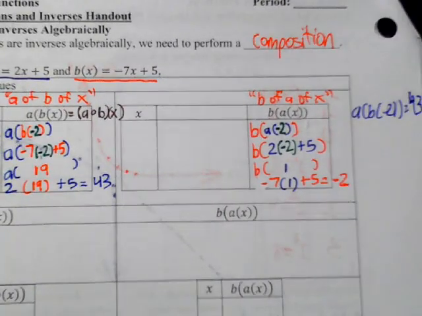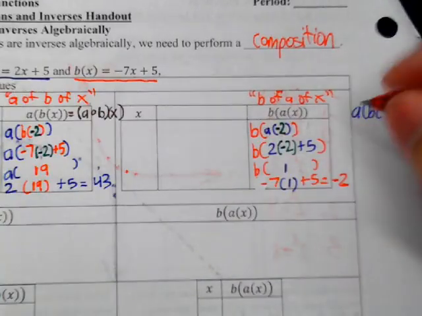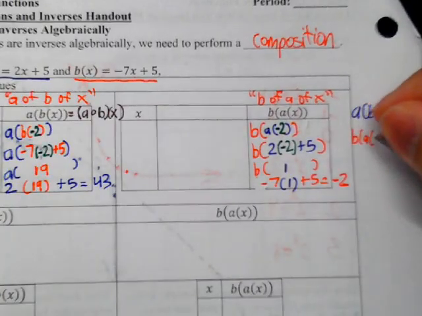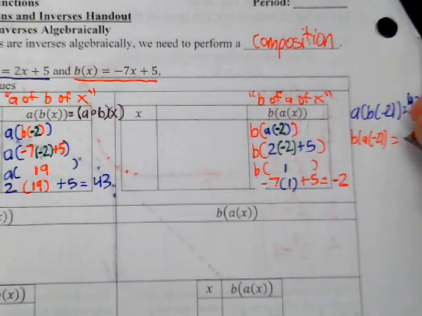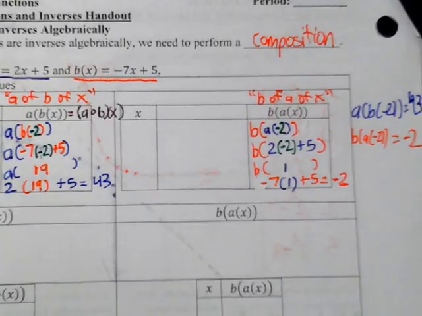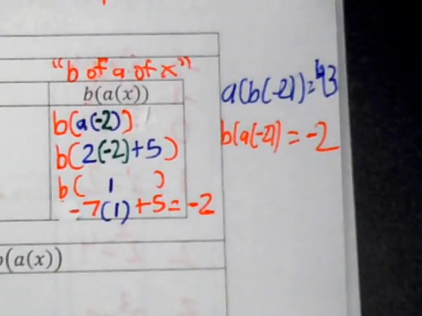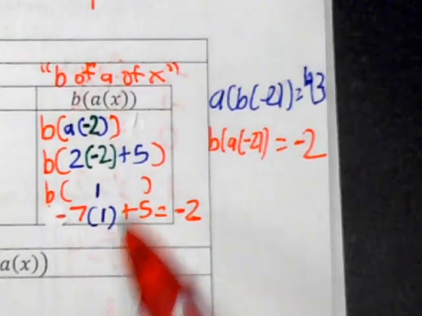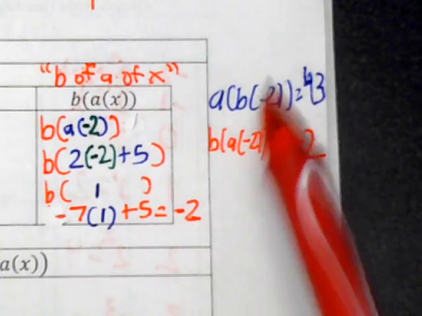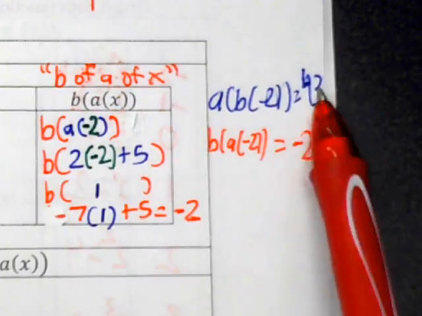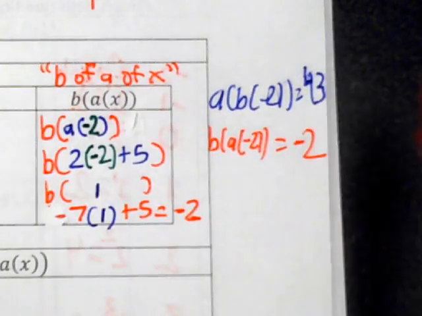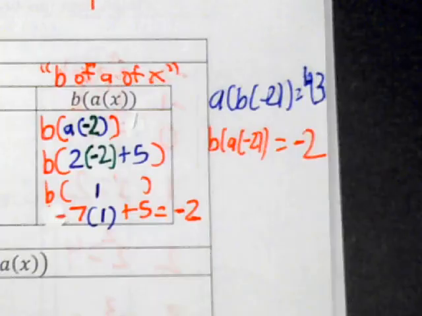So that must mean that the order does matter with composition. Right? We did the same two functions, we used the same x value, but we got two different y values. Okay, so before we continue, let me see if there's questions about what we've done so far.